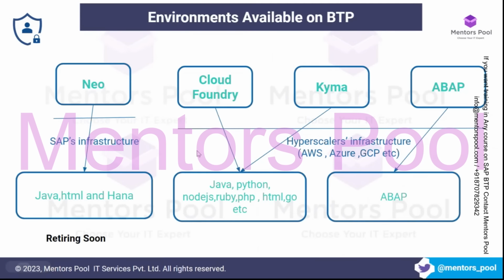Okay, see, these are the environments available on BTP: ABAP environment, Kyma environment, Cloud Foundry. Cloud Foundry environment is like a runtime. When you write your code, it should get executed somewhere. So in Cloud Foundry they have kept runtimes for Java, Python, PHP, Node, Angular, Ruby, .NET; all the runtimes they have clubbed in Cloud Foundry.